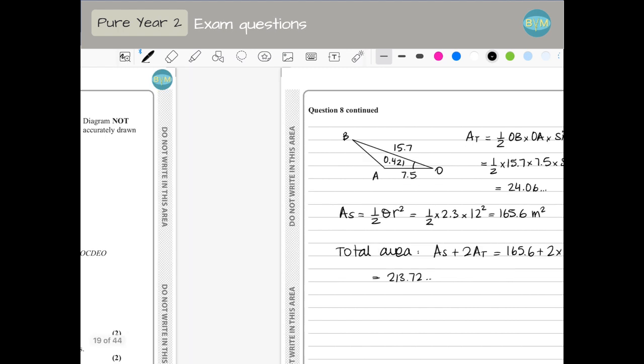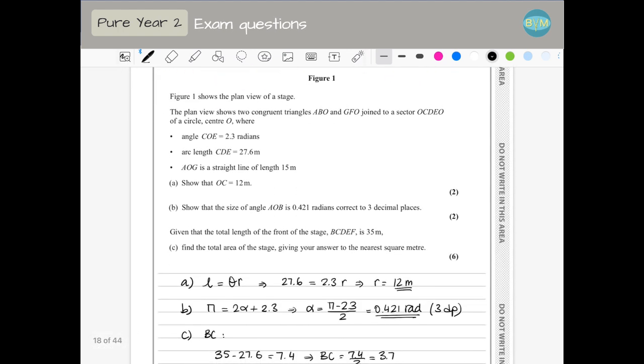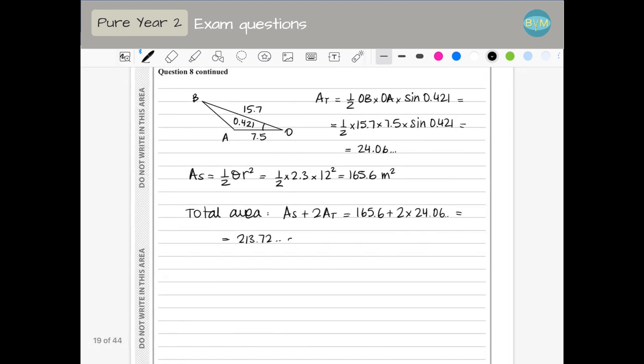It says round to the nearest square meter, so we are going to round to the nearest whole number. So this is going to be 214 meters squared to the nearest whole number. And that's it. That's all with this question.